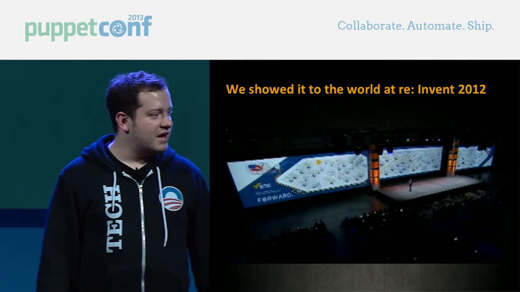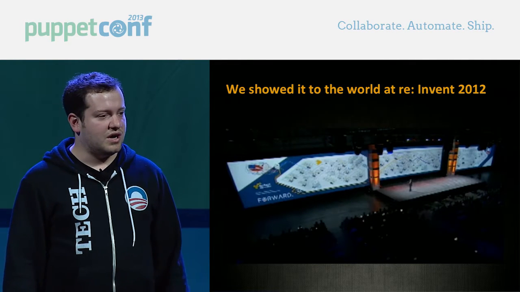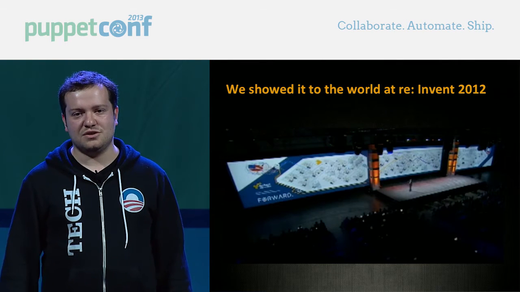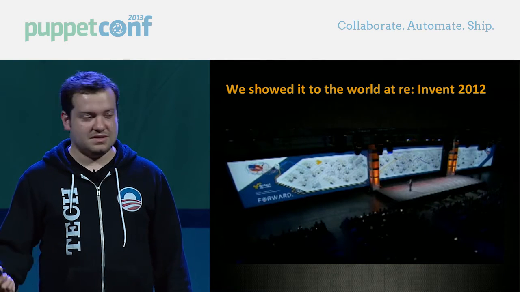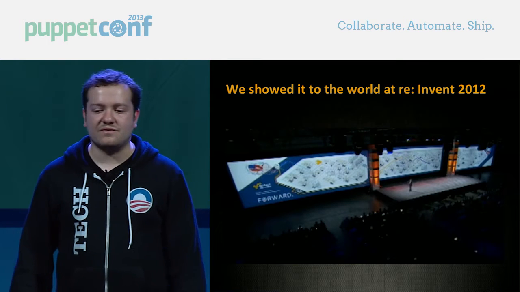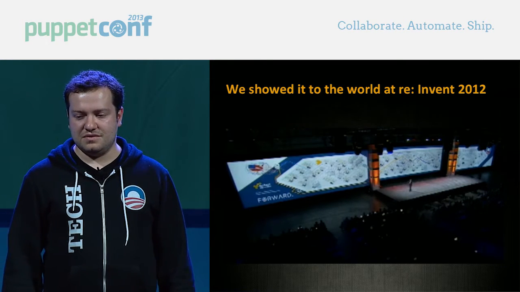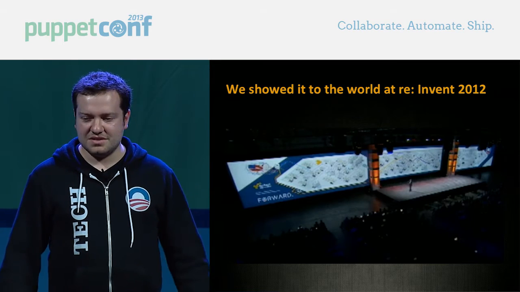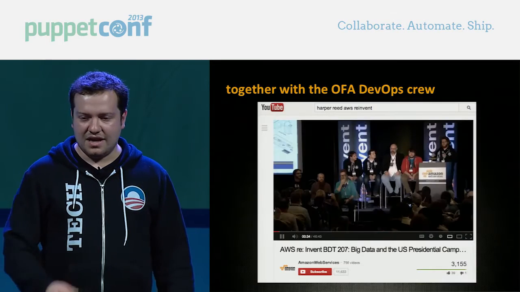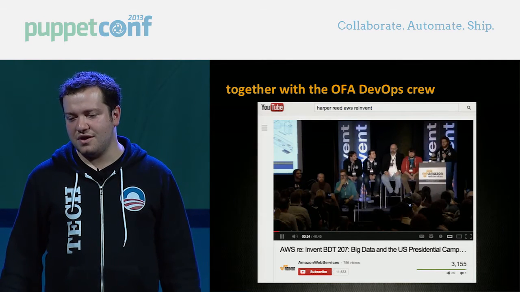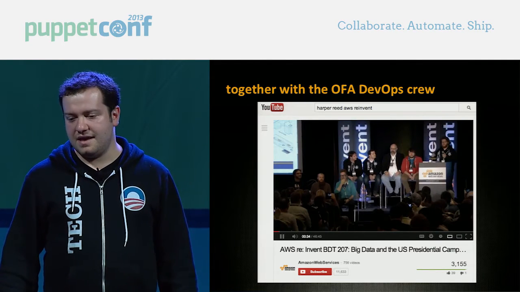After the election was over, the first thing we did was show this whole architecture at last year's re:Invent, which is the yearly Amazon Web Services conference. There's going to be one this year in November. We put it across three giant screens, and that was fun. We did a panel with our whole DevOps crew on how to do that.